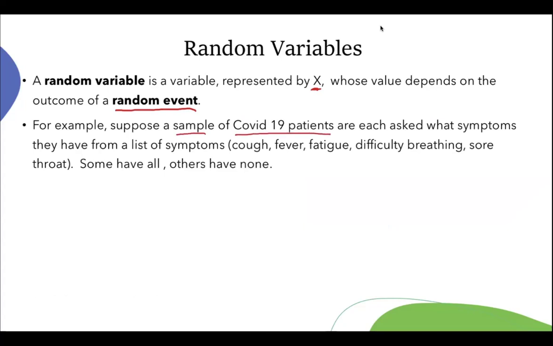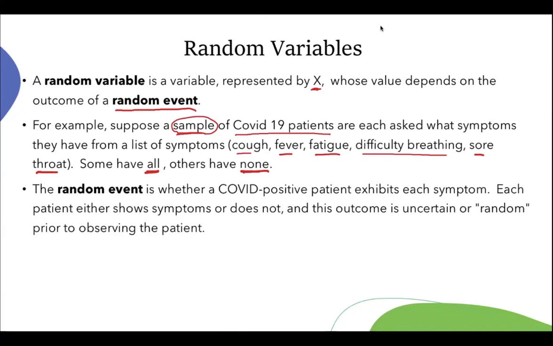They were all asked what symptoms they have from a list of symptoms: cough, fever, fatigue, difficulty breathing, sore throat. Some of the people in our sample have all those symptoms, and some have none of those symptoms.